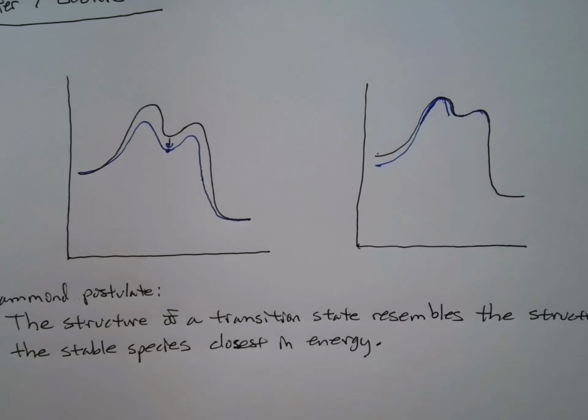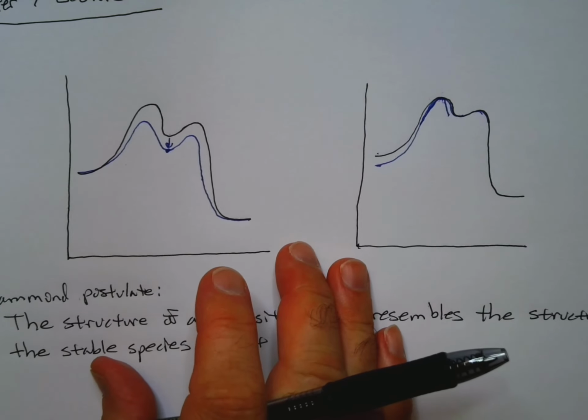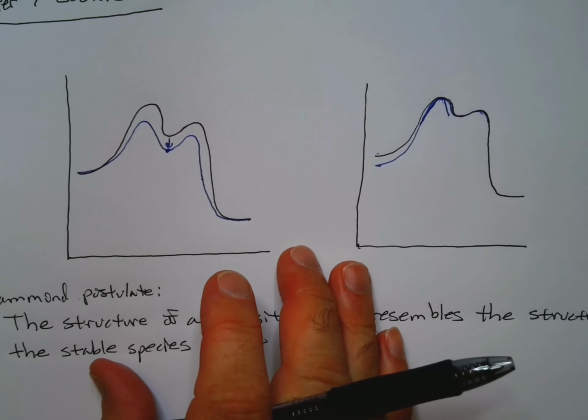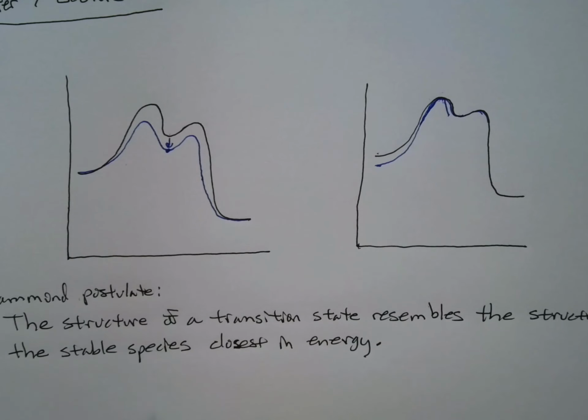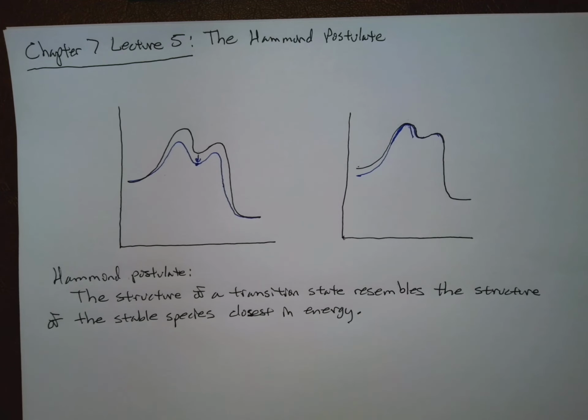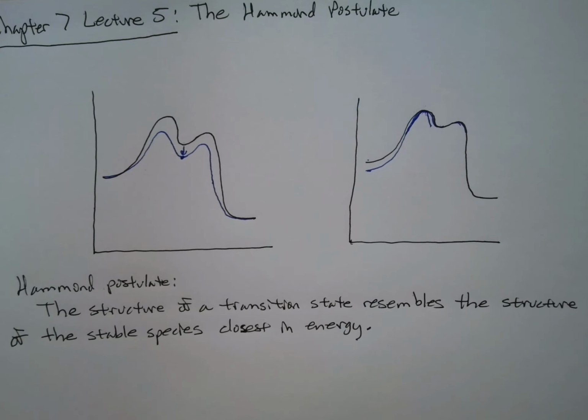And so we can use the Hammond postulate, like I did before, to explain why we get, and again, I just realized here I forgot to zoom out when I wrote my Hammond postulate. So there's my Hammond postulate. Sorry about that. The structure of a transition state resembles the structure of the stable species closest in energy.